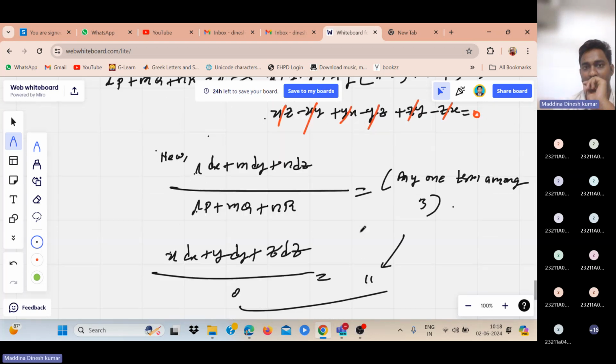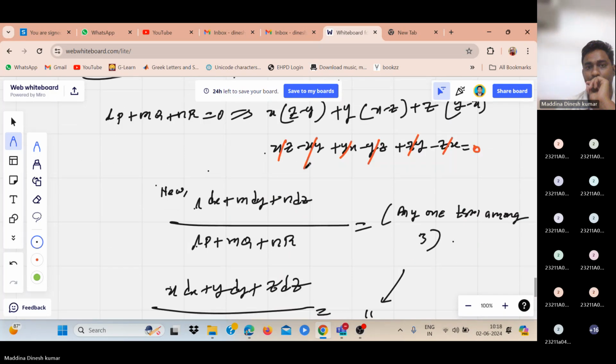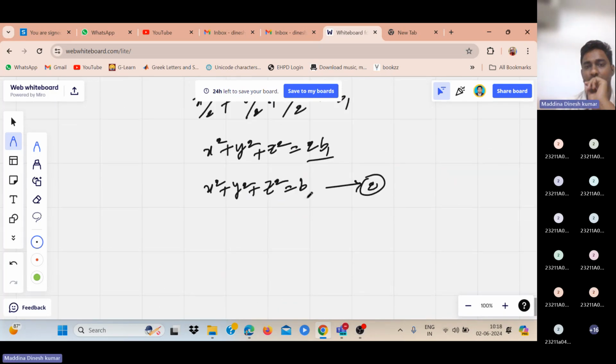So we got two solutions, that is x plus y plus z equal to a, x square plus y square plus z square equal to b.